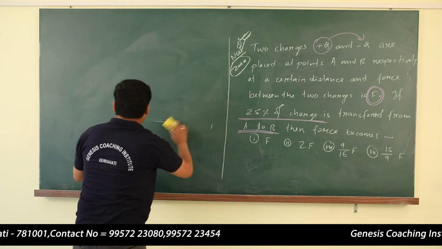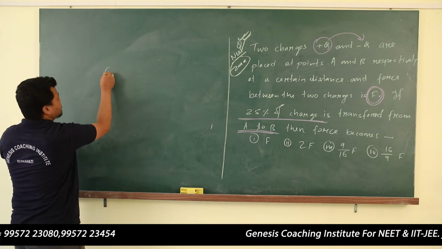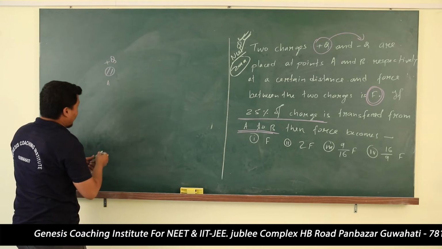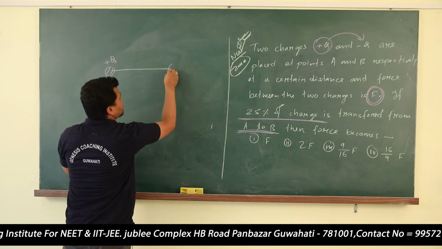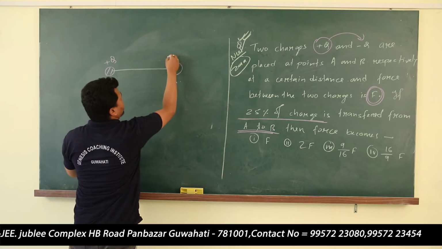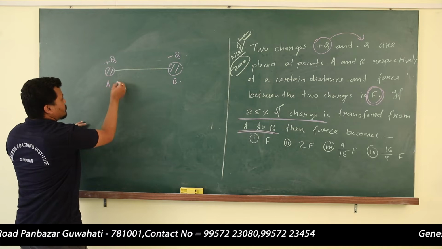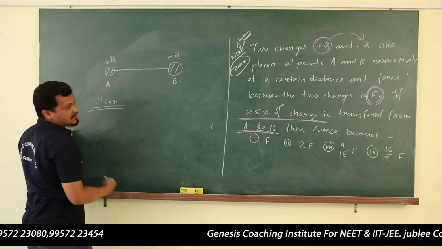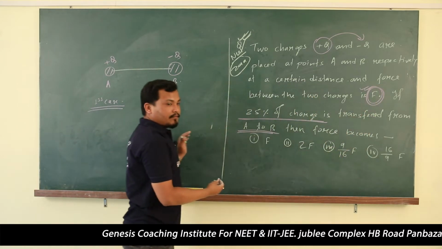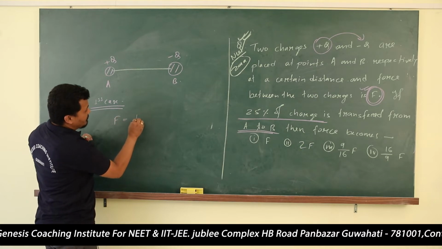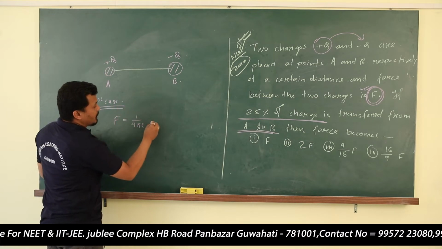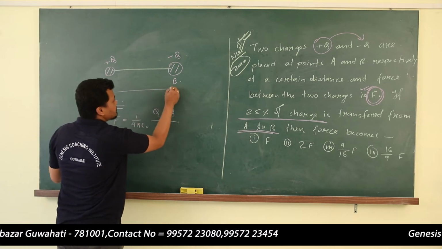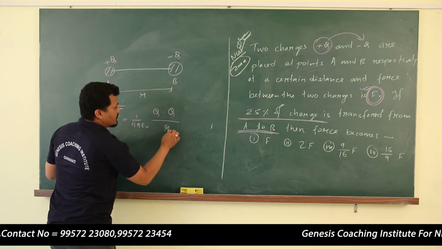So let's try to solve this. There are two charges, this one at point A plus Q, and another charge at point B minus Q. So for the first case, that means the initial case, the force F equals 1 by 4 pi epsilon naught Q into Q divided by, suppose the distance is R, so R square.